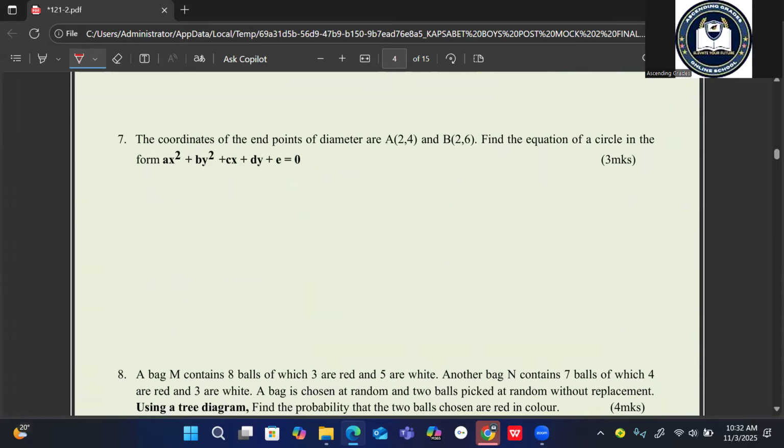So you have it here. Point B is (2, 6), and point A we have here, and it is (2, 4).